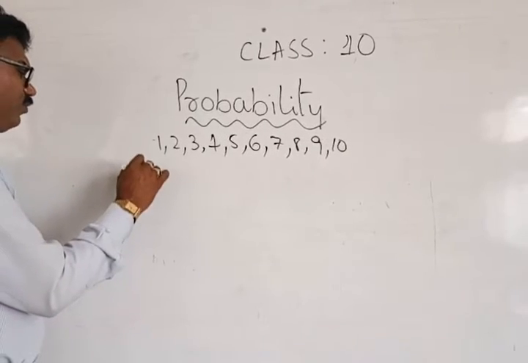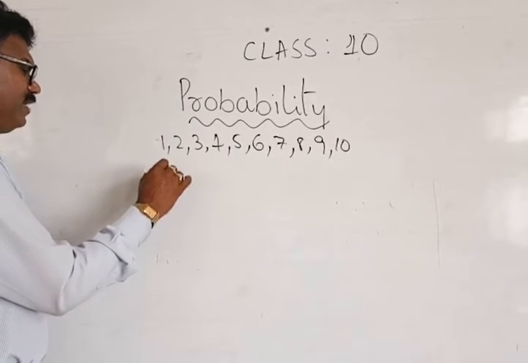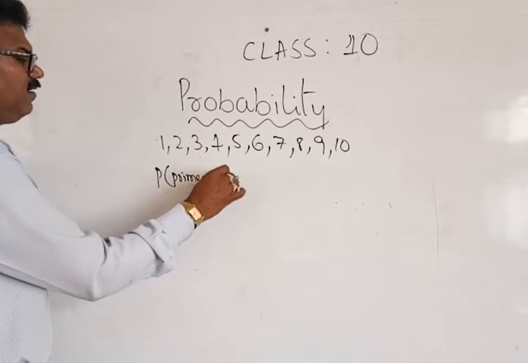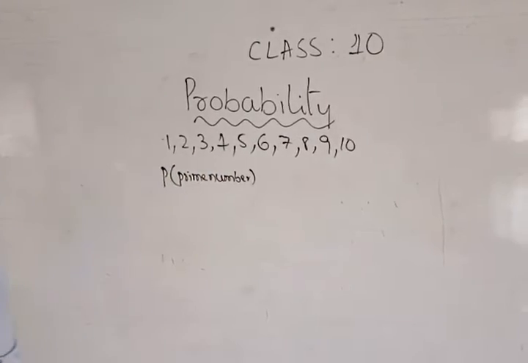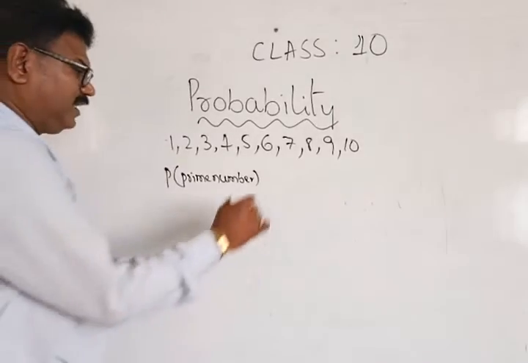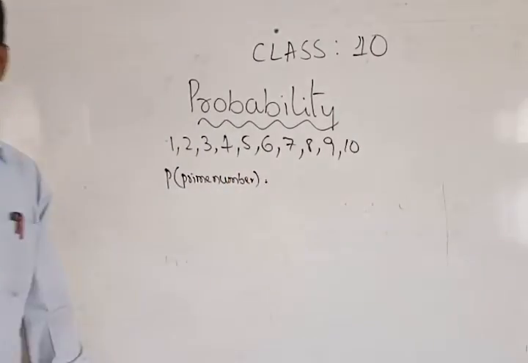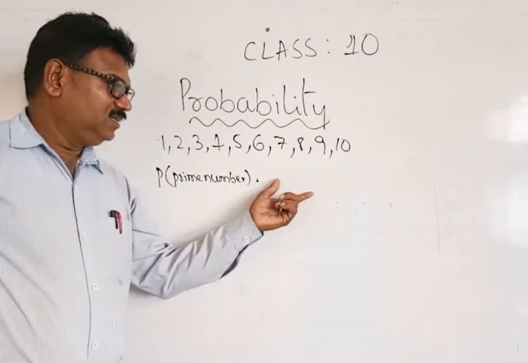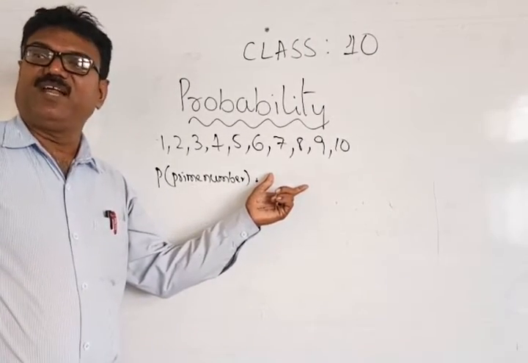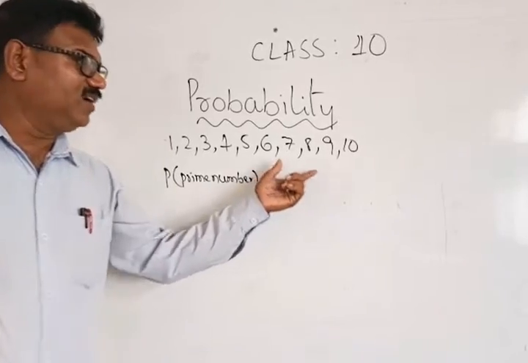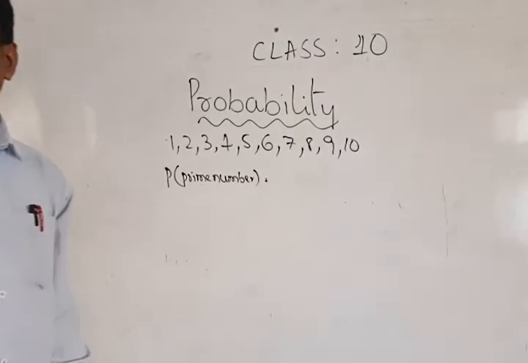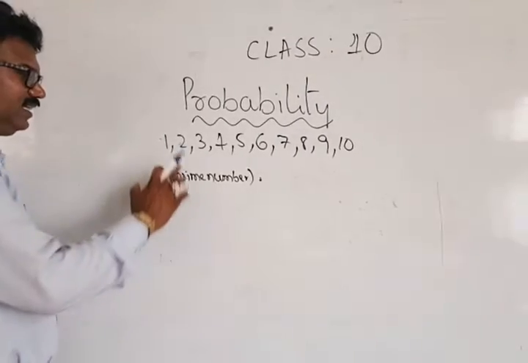If I want the probability of a prime number, what is the answer? So according to the definition, the number of favorable outcomes means in these 10 numbers we have to choose prime numbers. How many prime numbers are there?